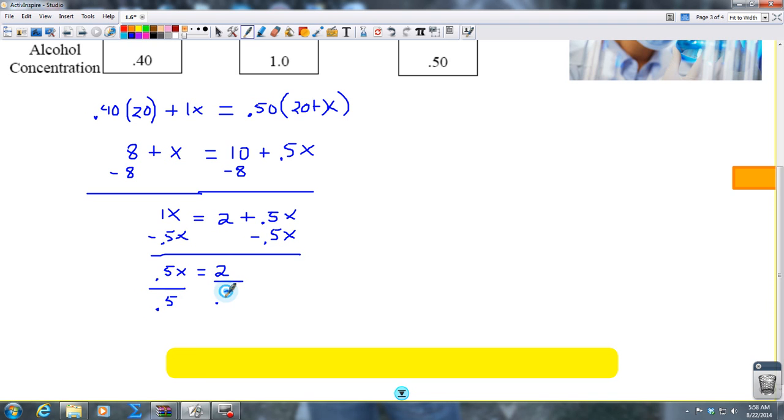Divide by 0.5. Don't forget that when you divide by 0.5, you're really doing a fraction. So I do want to point out that 2 divided by a half, all through middle school, you learned that instead of dividing by a fraction, you would multiply by the reciprocal. And therefore, 2 times 2 is 4. So we ended up with an answer of 4.